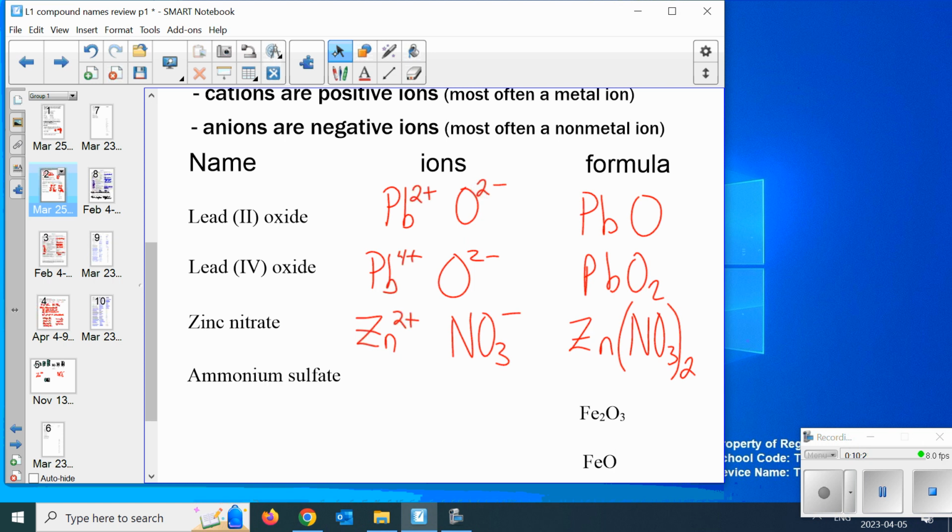Ammonium sulfate. I'm going to switch colors only because of my spacing here. So ammonium is the only polyatomic cation, positive ion, that you'll come across in my class. So the rest are going to be elements. So ammonium, you look at the top.